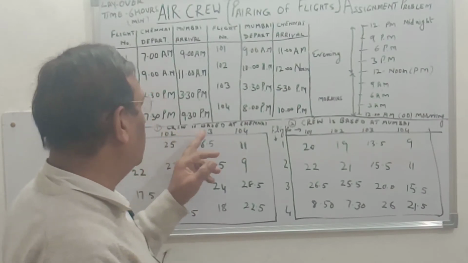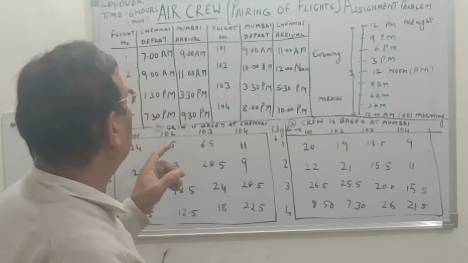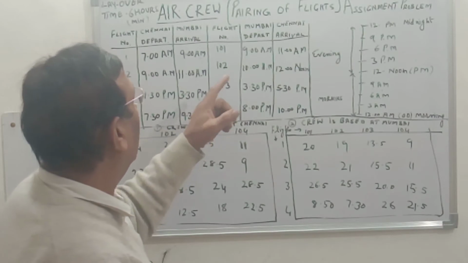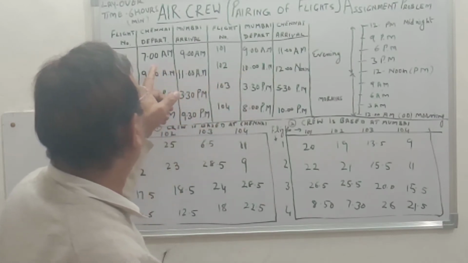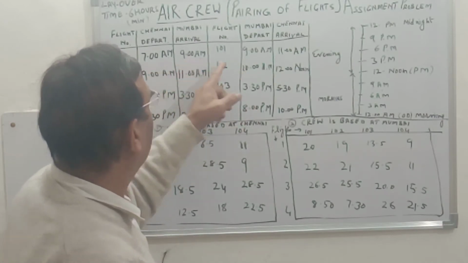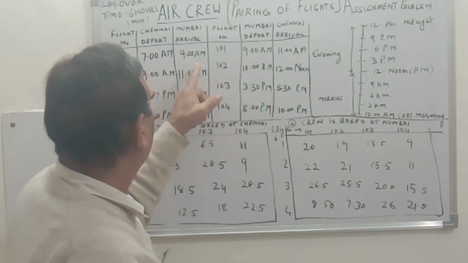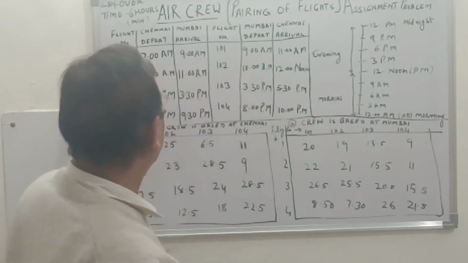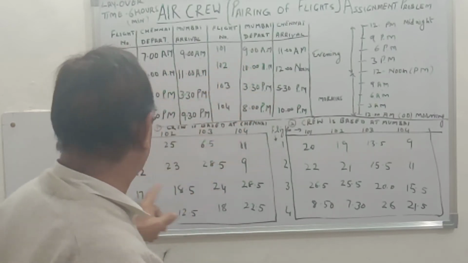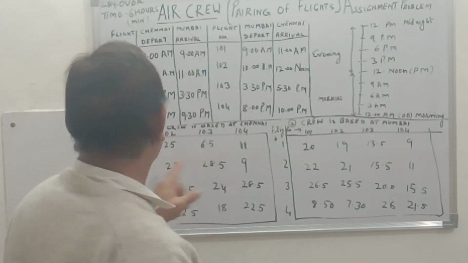When the crewman is based at Chennai, you have to calculate the time between flights from Bombay arrival to Bombay departure, like 101, 102, like this.